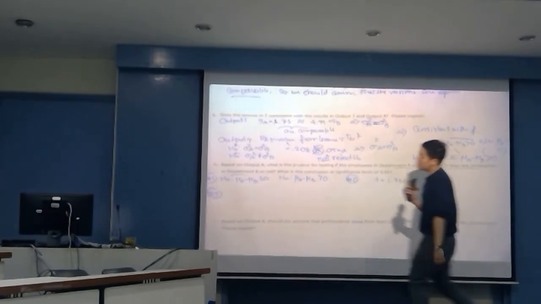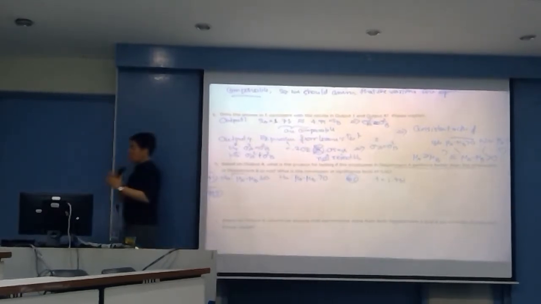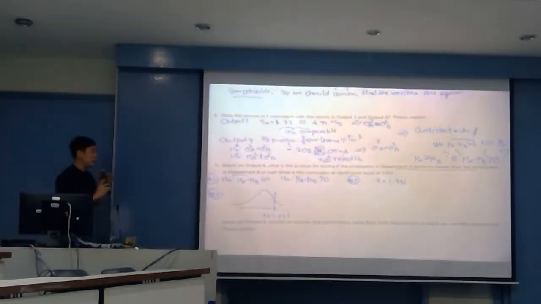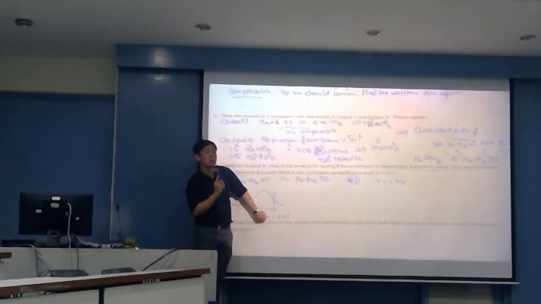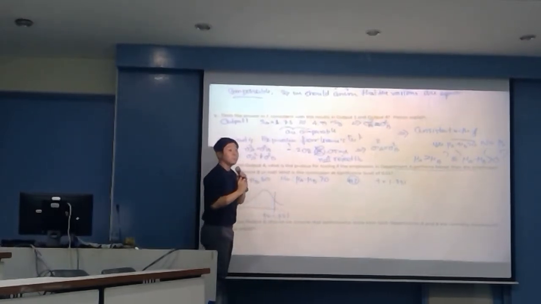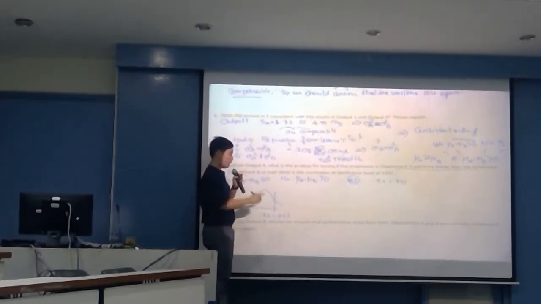The t distribution looks like the z, like a normal curve. It looks something like this. For the t-test, you put t right on this side, 1.731. Remember that in the middle, t is 0. Positive is on the right hand side. That's how we draw this line.